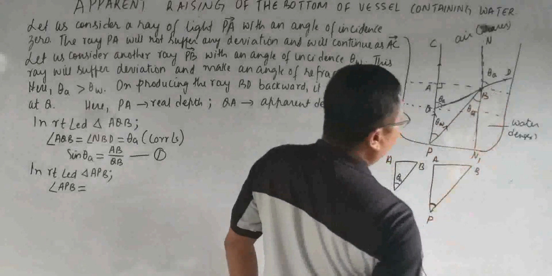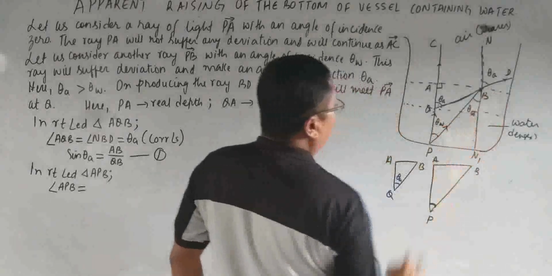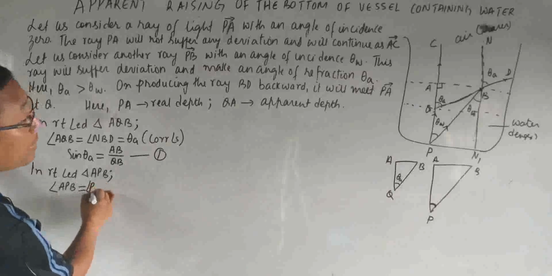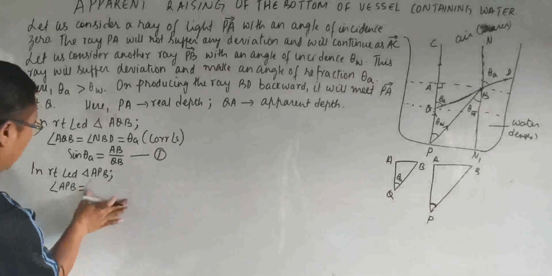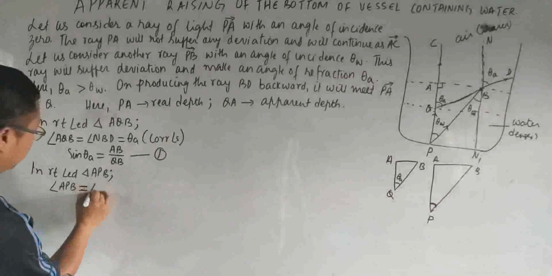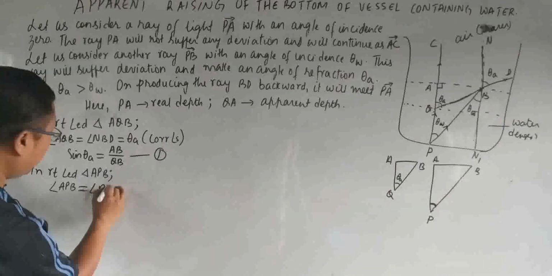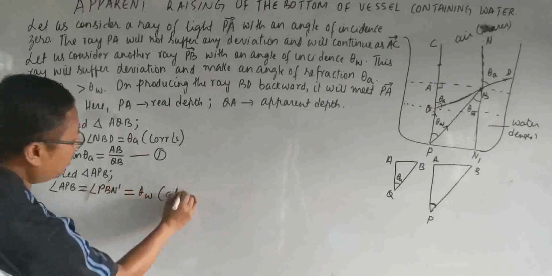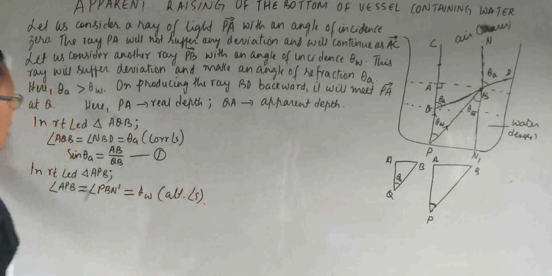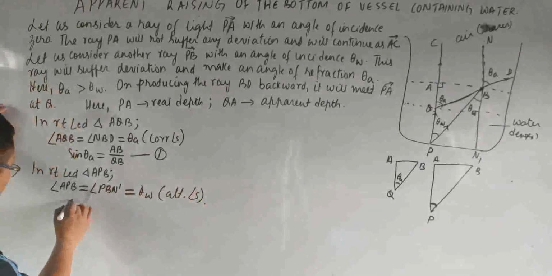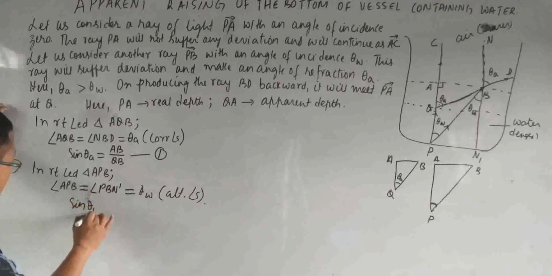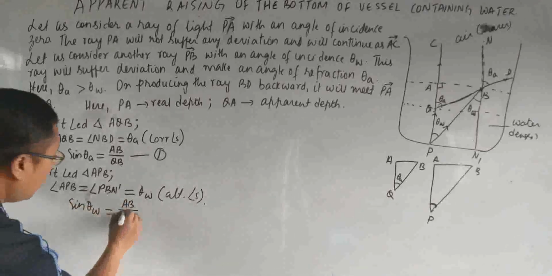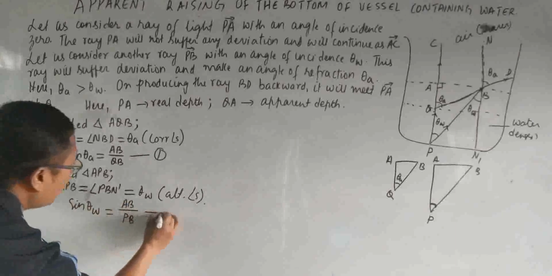This will become theta W because they are alternate angles. So take the sine of theta W. Sine theta W equal to AB by PB. Call it equation 2.